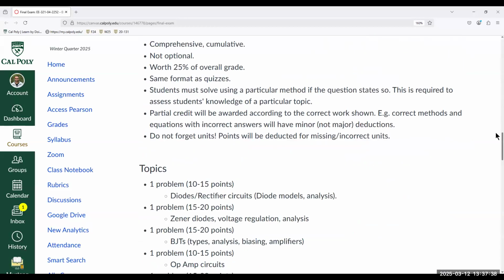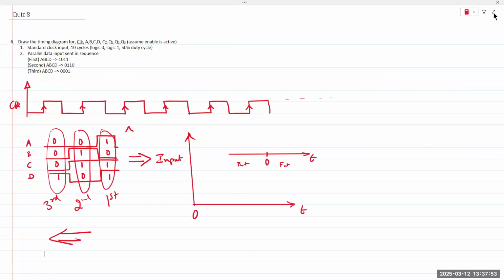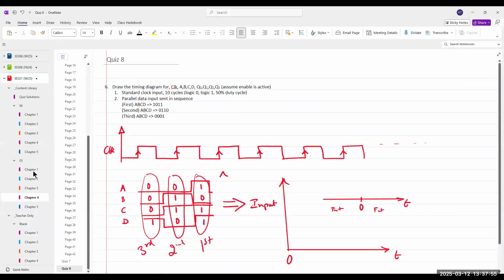Again, read everything on this page. You have had the entire quarter to read it, but if you haven't yet done so, please go ahead and do so. Let's look at chapter 1.